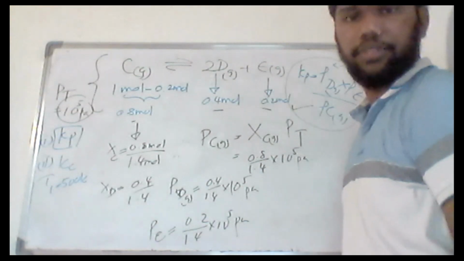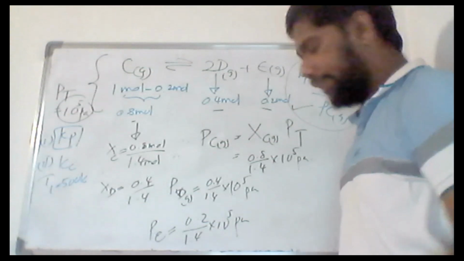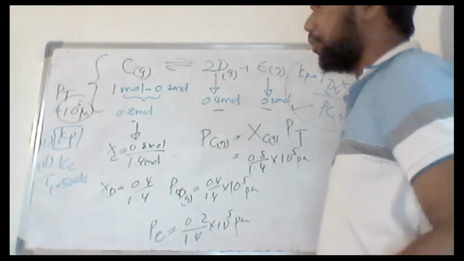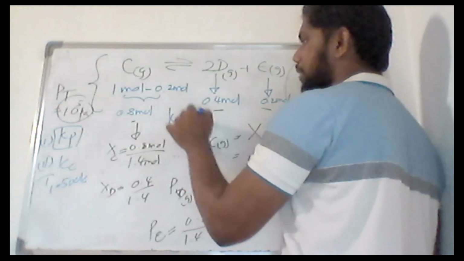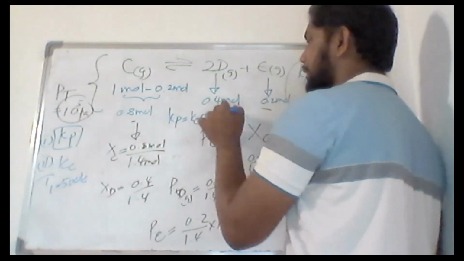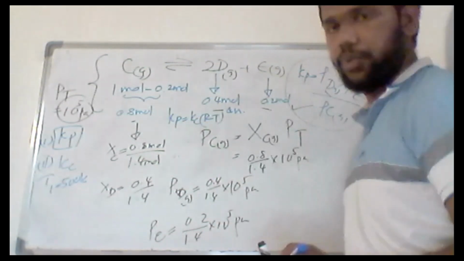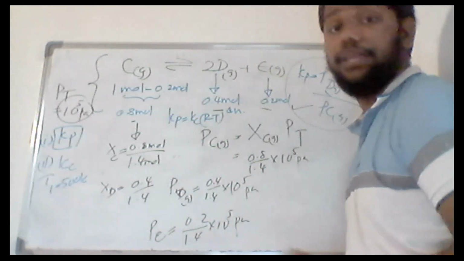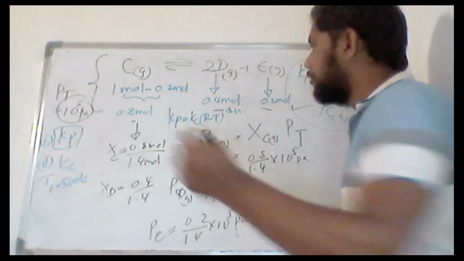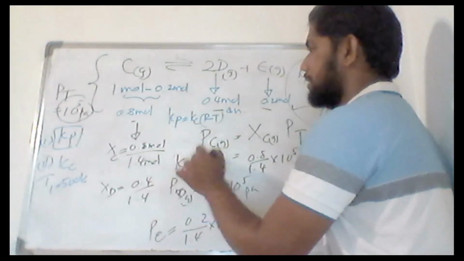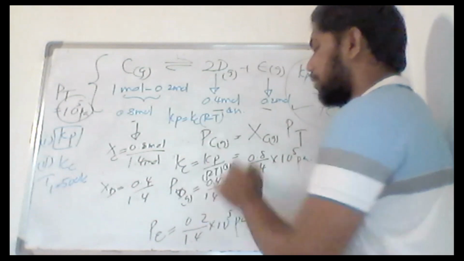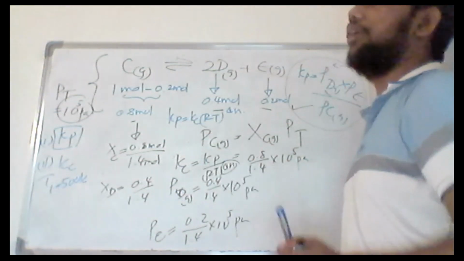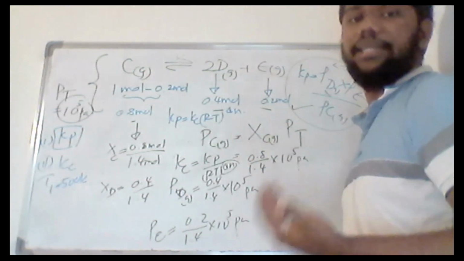That is straightforward. And then if you know Kp, you know your equation, right? Kp equals Kc (RT) to the power delta n. If you remember this equation, Kp is equal to Kc (RT)^delta n. So you can find Kc is equal to Kp over (RT)^delta n. So what is delta n? It is important to understand what delta n is.